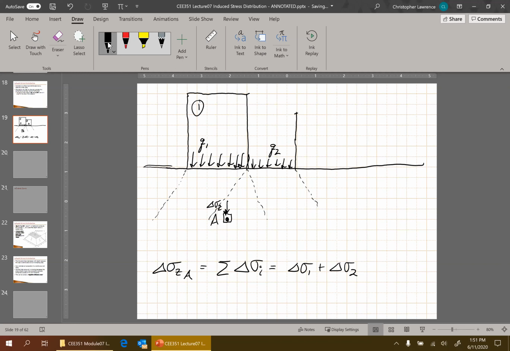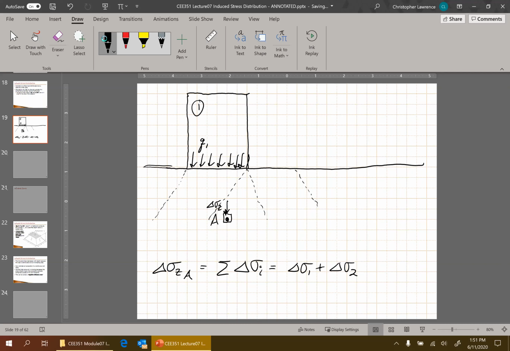Okay? Now, what if I then tear down structure number 2? What if I tear down structure number 2 and remove it? What happens to the stress at point A? You got some negative stress influence coming from where structure 2 used to be. So a negative influence coming from the fact that that structure is no longer there.